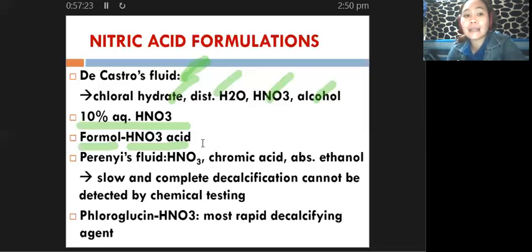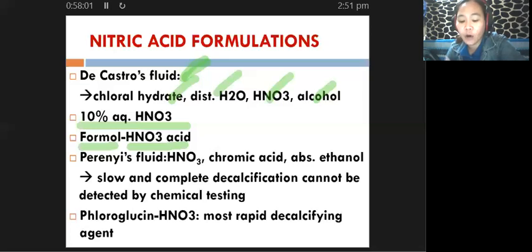And then the last nitric acid formulation is your fluoroglucine nitric acid. This is considered to be the most rapid decalcifying agent. Why? This is because if you look at the components of your fluoroglucine nitric acid, there are two concentrations of nitric acid present.